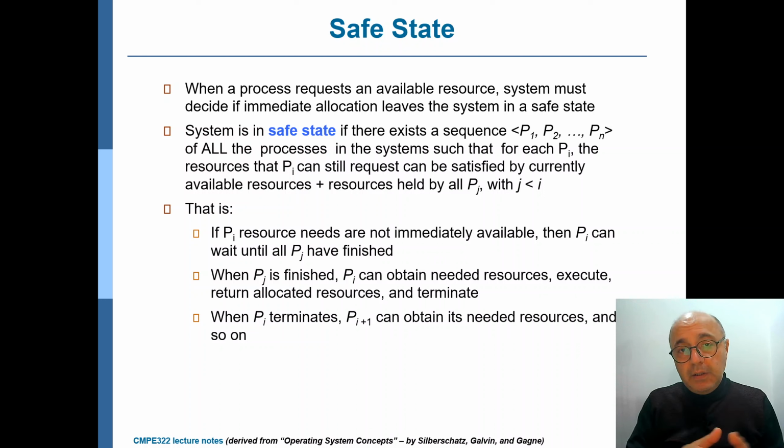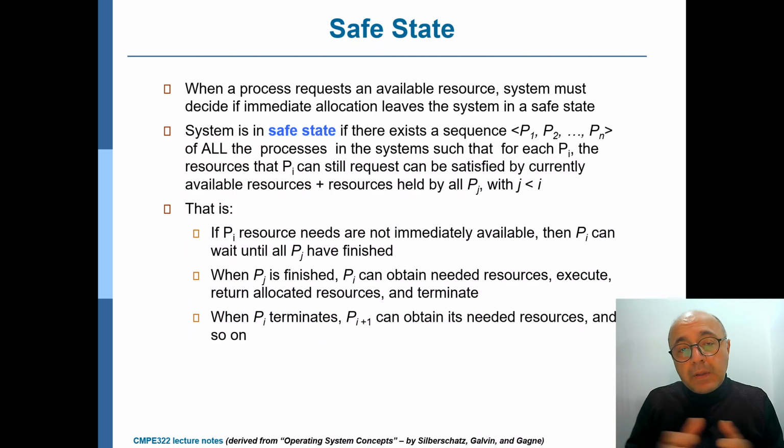So if the currently available resources are sufficient to end some process, it could be any process number, but for the sake of simplicity, let me call that process P1. If it's not P1 but P5, I can just re-enumerate the processes and call that one P1, because you can call the processes as you wish.